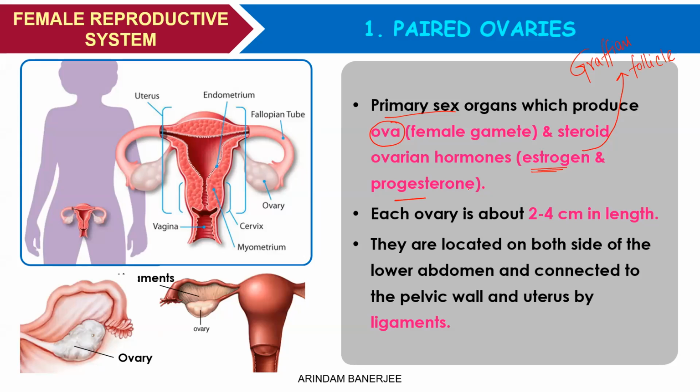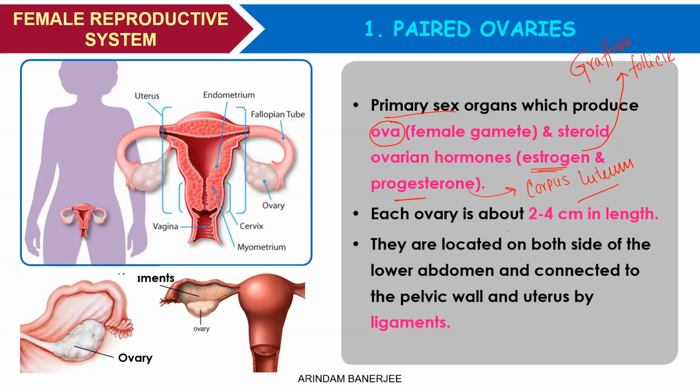And progesterone is produced by the corpus luteum. So, very important information: the primary sex organ, the ovary, produces the ovum and the hormones estrogen and progesterone.